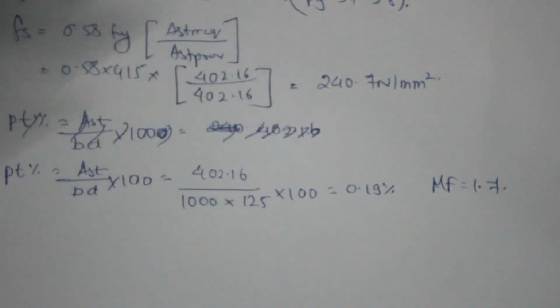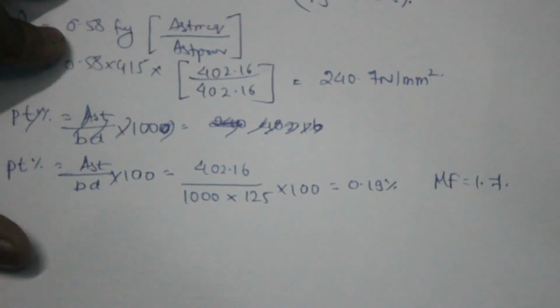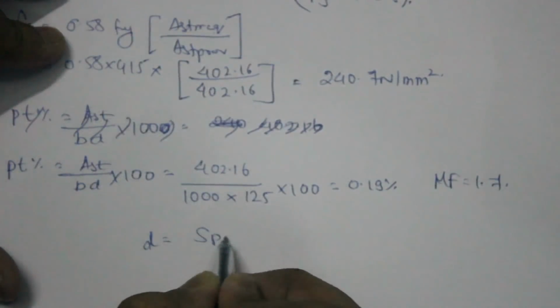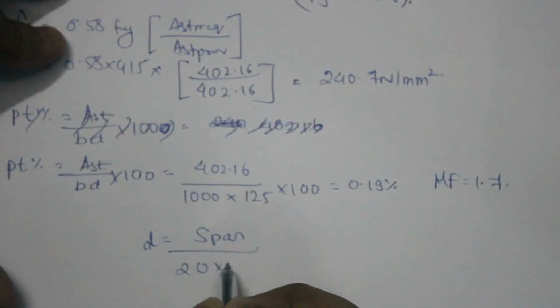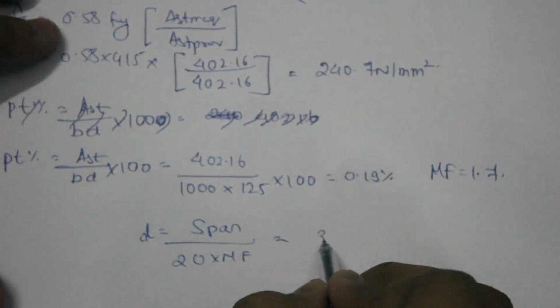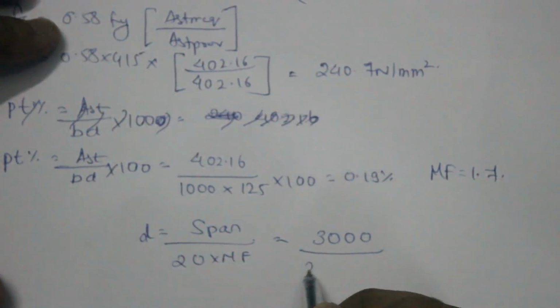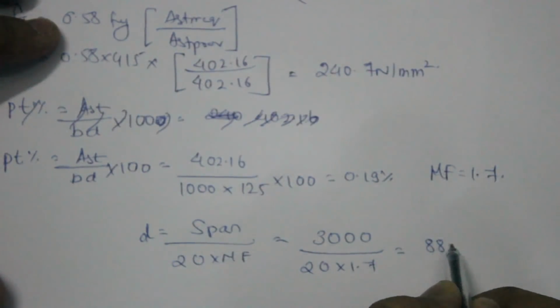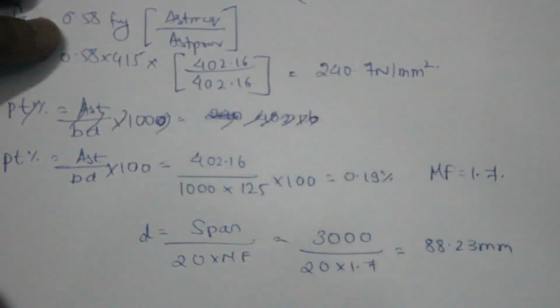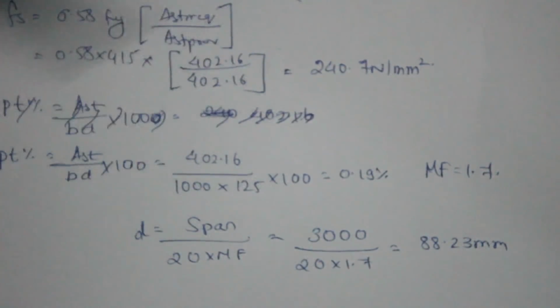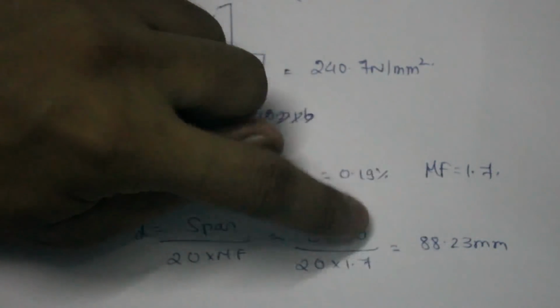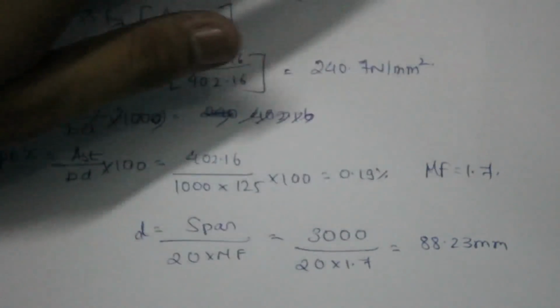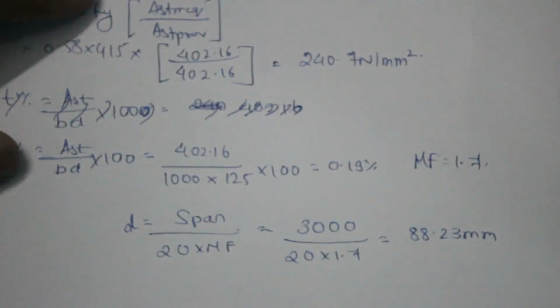Now you back calculate the effective depth by using the span by depth ratio. D is equal to span upon 20 into mf. Again, 20 is for the simply supported slab, so 3000 upon 20 into 1.7. If you solve this, you get 88.23 mm. Our effective depth which we used was 125 mm, and this is less than 125 mm, hence our slab is safe in deflection.